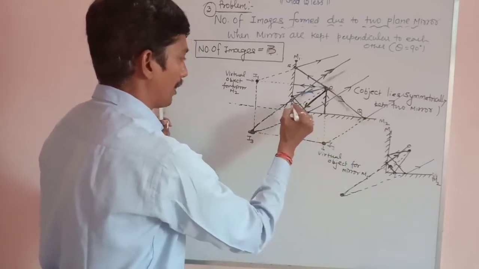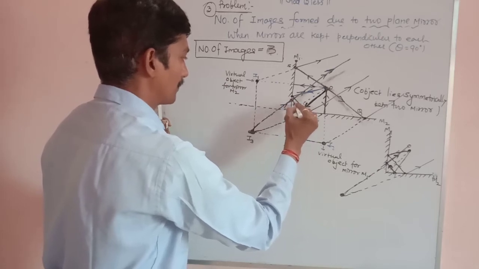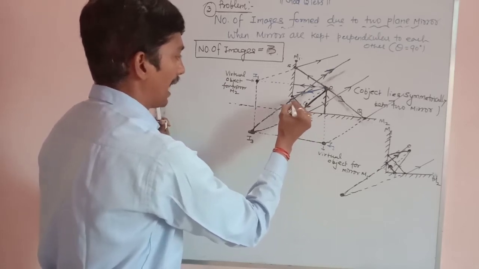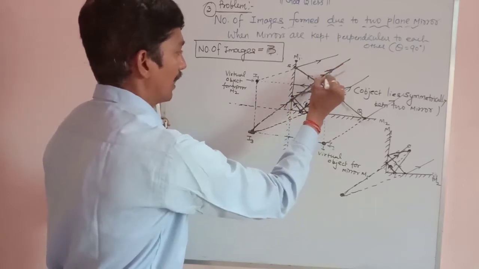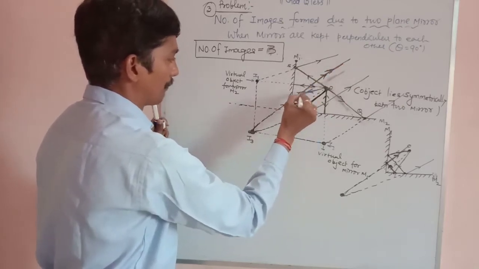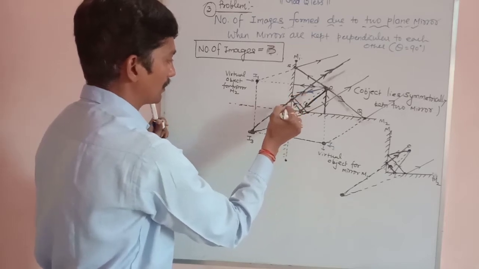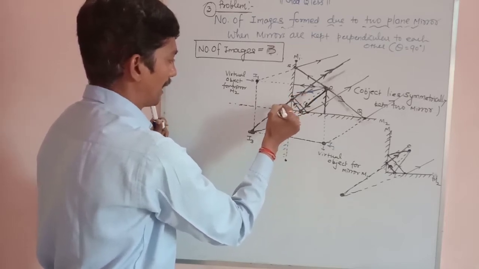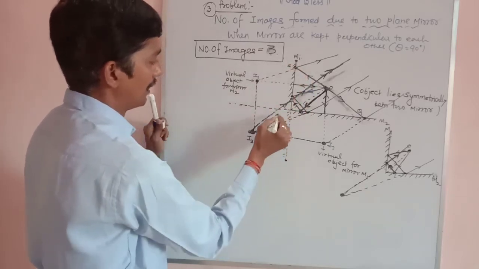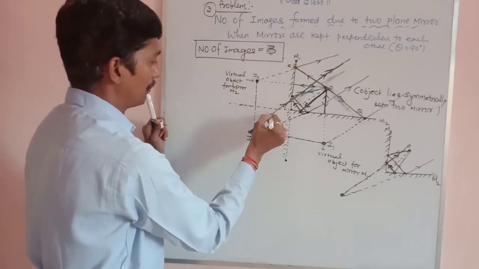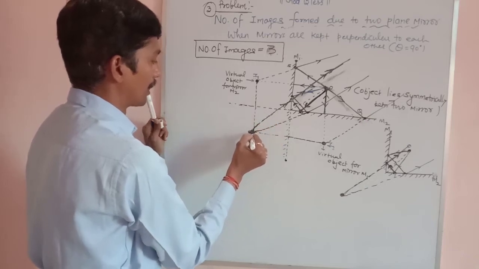From mirror M2 it will be reflected here and fall on mirror M1. From mirror M1 it will be reflected here, and this reflection will be produced inside the mirror M1 because it was reflected due to M1. Am I clear? So it will be produced inside the mirror M1 and it is coming to the point I3.